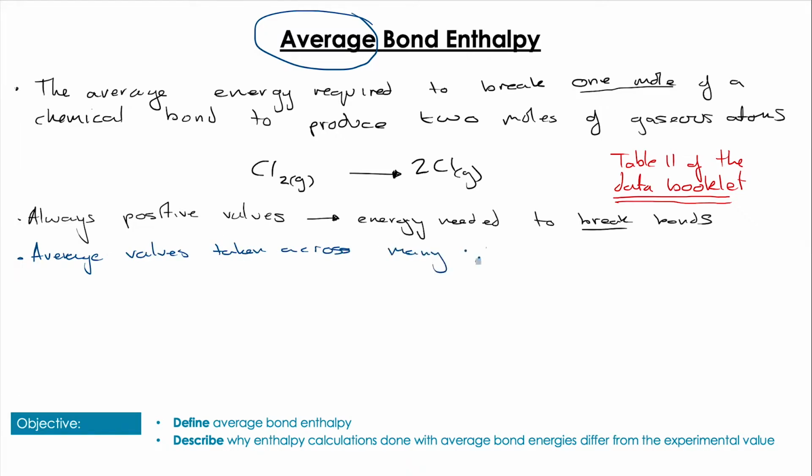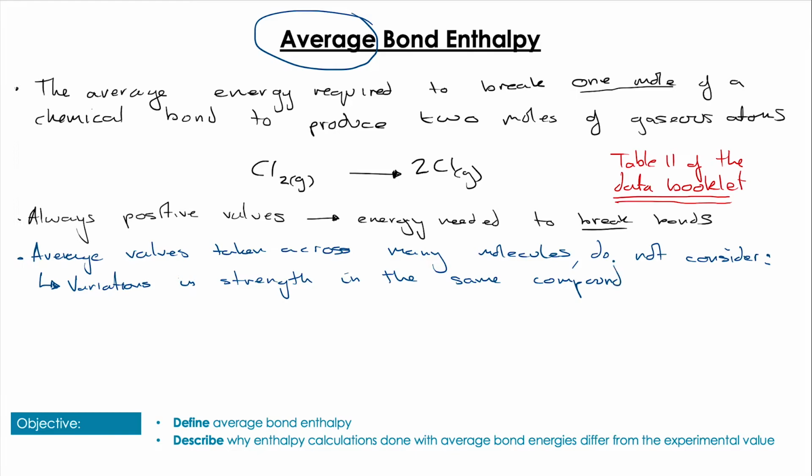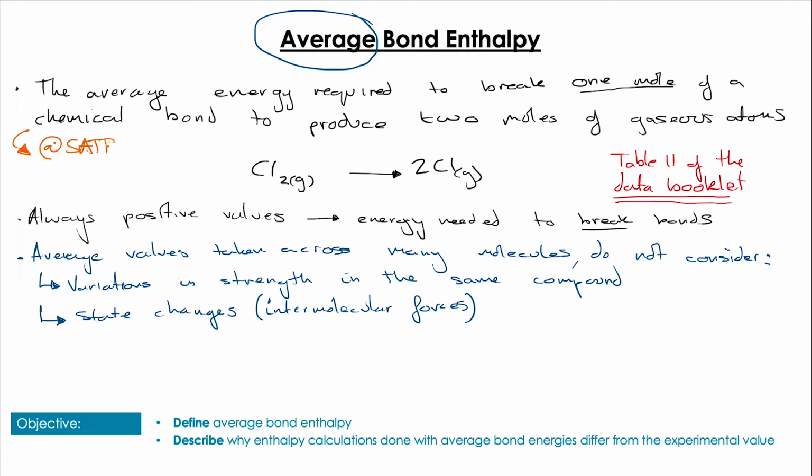It always requires energy to break bonds, so these values are always positive. This can be very useful as we can make quick calculations to see what we'd expect in a reaction. However, because they are average values, that means they're values taken across many molecules, and so it doesn't take into account any variation in strength within the same compound or molecule. It also doesn't take into account state changes, so this always assumes gaseous state. However, intermolecular forces can have an influence on these values, and so these values are only technically valid at SATP for gaseous molecules.